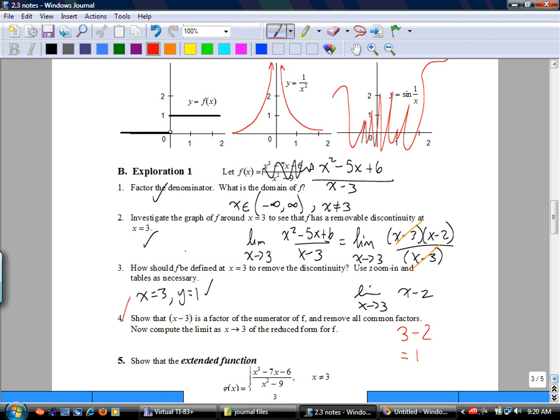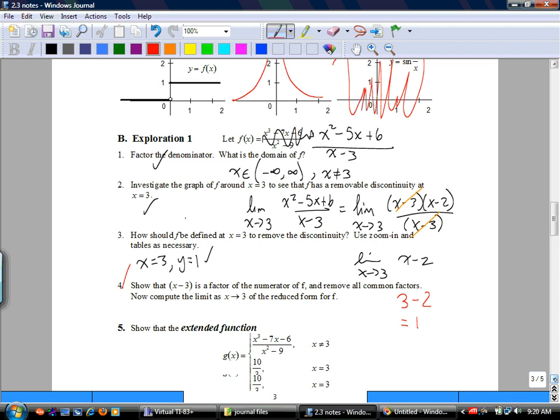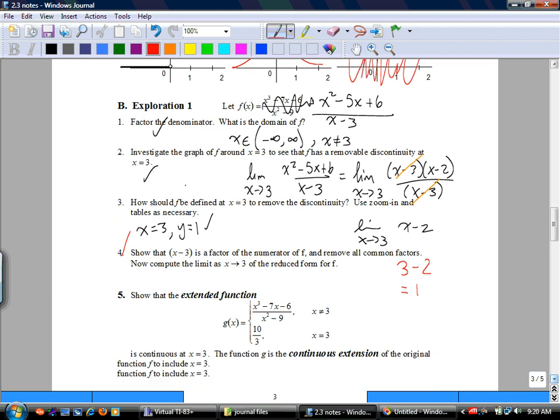So you can fix the hole, you can fix the removable discontinuity by using a little bit of spackle, little drywall filler.